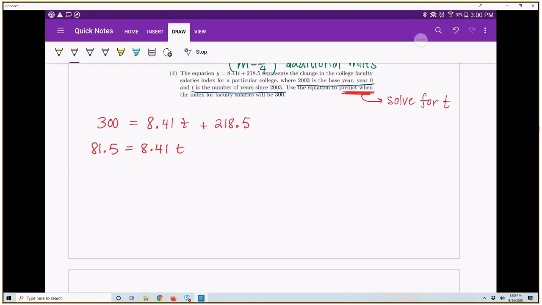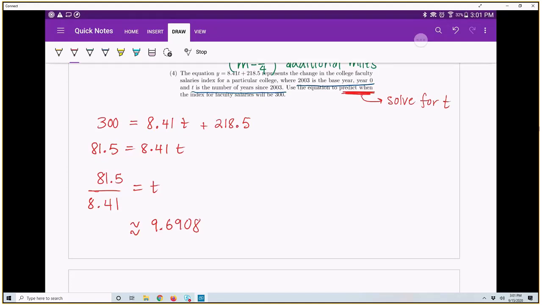And if I plug that into a calculator, 81.5 divided by 8.41, that's t. And that's approximately 9.6908. I'm going to chop it off at 4 decimal places. And then this is the number of years since 2003. So 9.69 years after 2003.